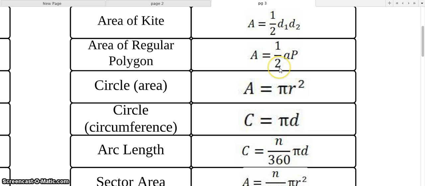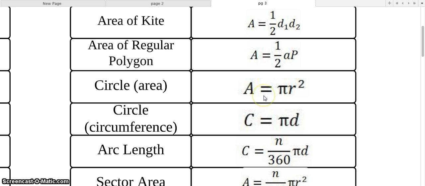So if it's equilateral, then you're going to have 1/2 the apothem times the perimeter of the polygon. If you don't remember what an apothem is, of course you can Google it. It's A-P-O-T-H-E-M. Apothem. So you can look that up, or we'll try to cover that later on in the semester.